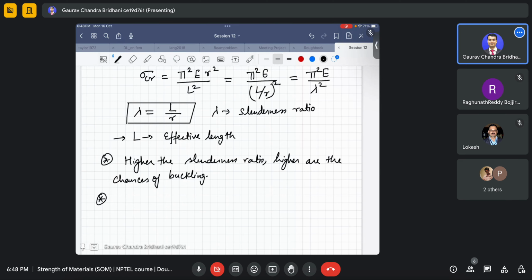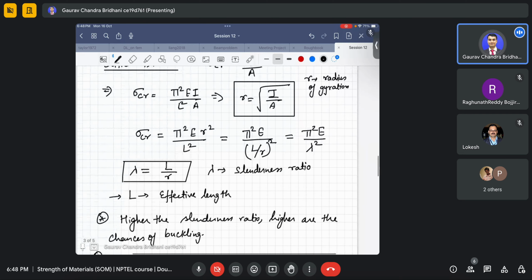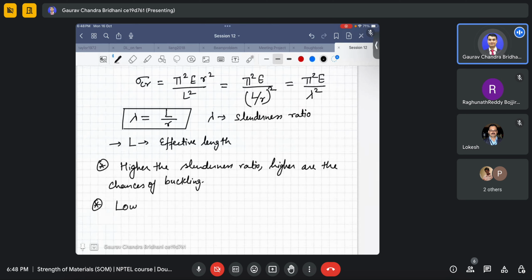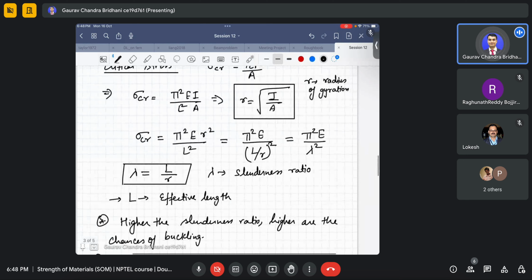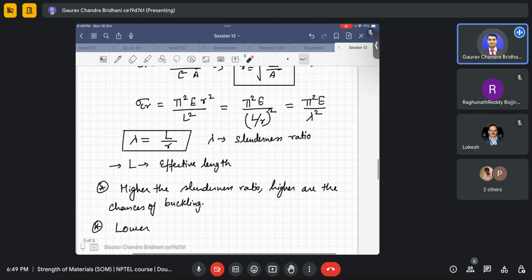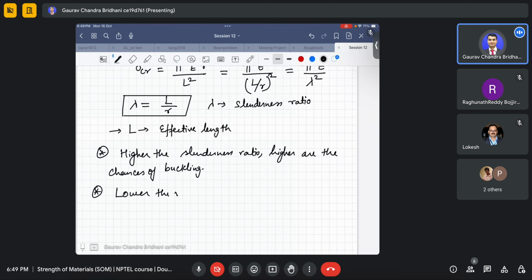Then another way is to look at the radius of gyration r. If we look at this factor r, lower the radius of gyration, you can see when the slenderness ratio will be higher, when lambda will be higher, r will be smaller for a constant value of L. So I can say in another manner that lower the value of radius of gyration, higher the chances of buckling.